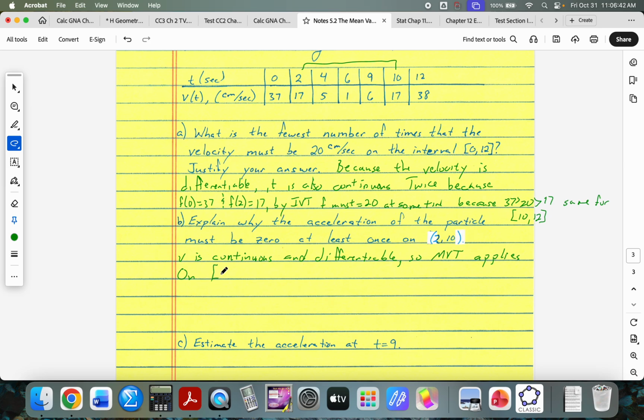On the closed interval from 2 to 10, the average rate of change of velocity is equal to 17 minus 17 over 10 minus 2, which is 0.